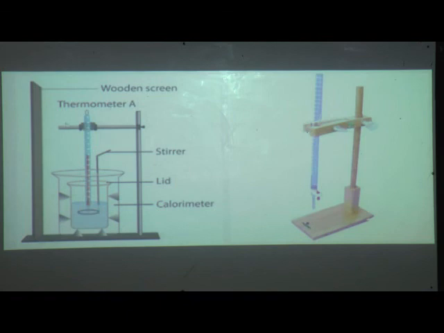So you have to hold or keep the thermometer like this. Here one more stand is given, and this blue colored structure is a thermometer. So with the help of a stand, or with our hands also, we can use the laboratory thermometer to measure the temperature of any liquid or any substance.